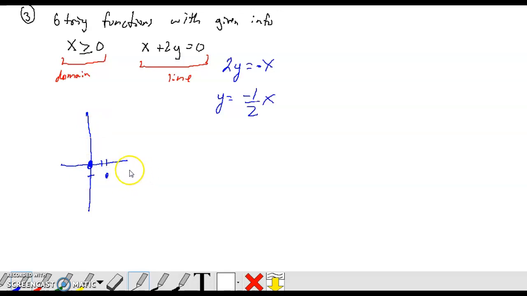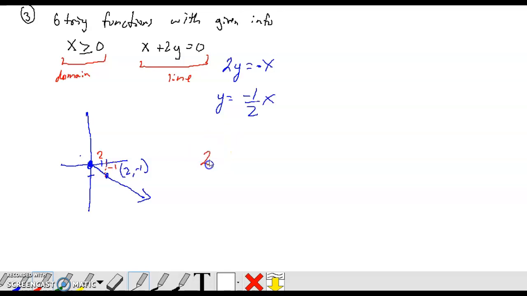So I'll actually be at the point (2, -1), or I can go up 1. But notice that I said x is greater than or equal to 0, so I knew that I was going in this direction. If I said x was less than or equal to 0, I'd be going in the other direction. So all of a sudden I've created my line. Here's my arrow, there's my ray, and again I can create my triangle. So this will be 2 and negative 1. And at that point we can continue.